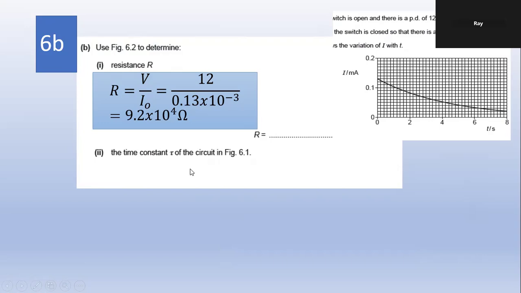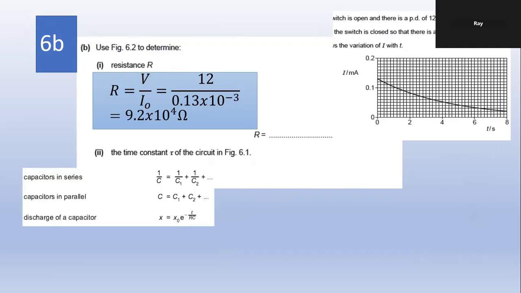Time constant. How to calculate the time constant? Current equals the original current I naught times e to the power of negative t over tau.